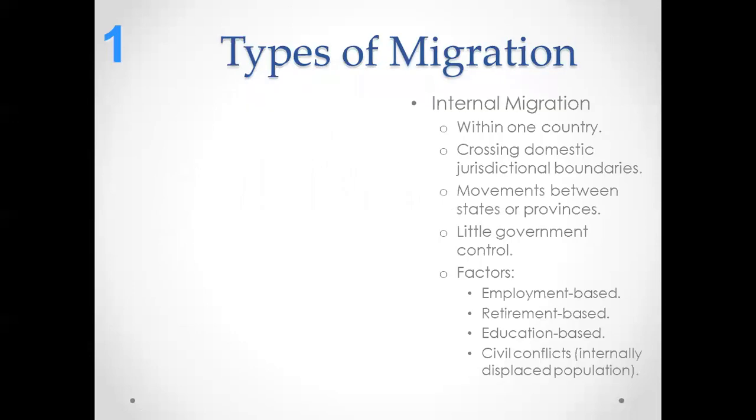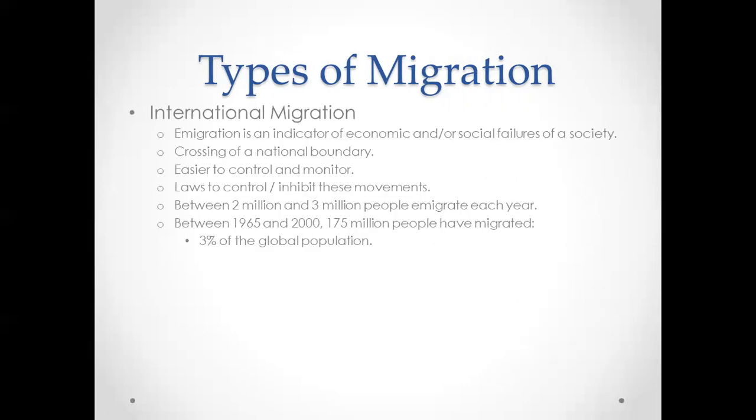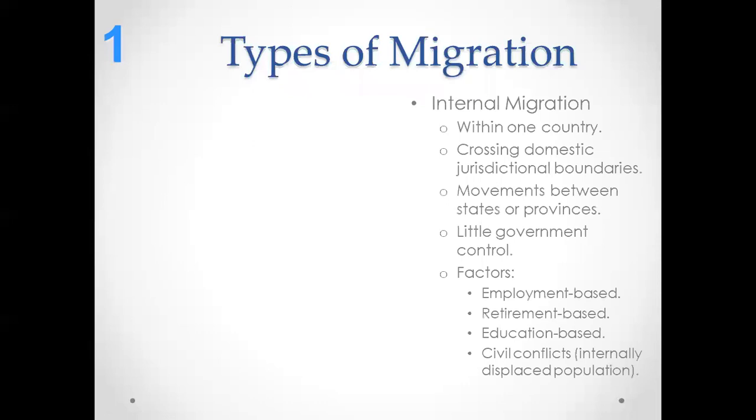Okay? And additional types is the so-called internal migration. Okay? So you're just moving within a country. So all you need to do is cross domestic jurisdictional boundaries. And maybe the movement is only between states or provinces.